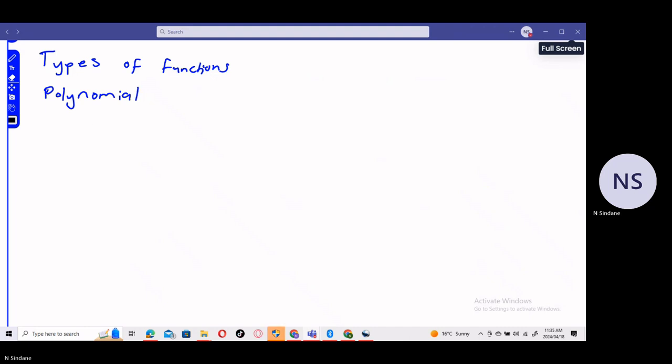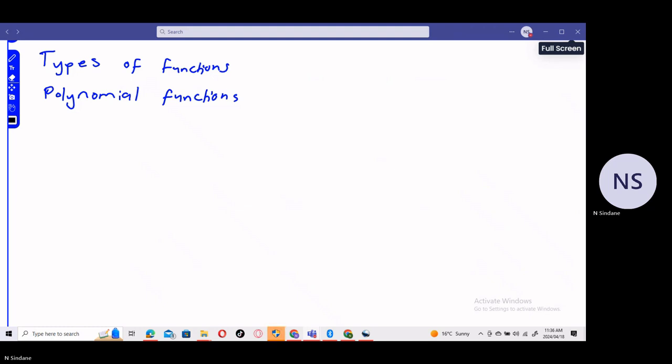Inside polynomial functions, we have different types: multinomial, monomial, and binomial. A multinomial is a function with more than two terms.